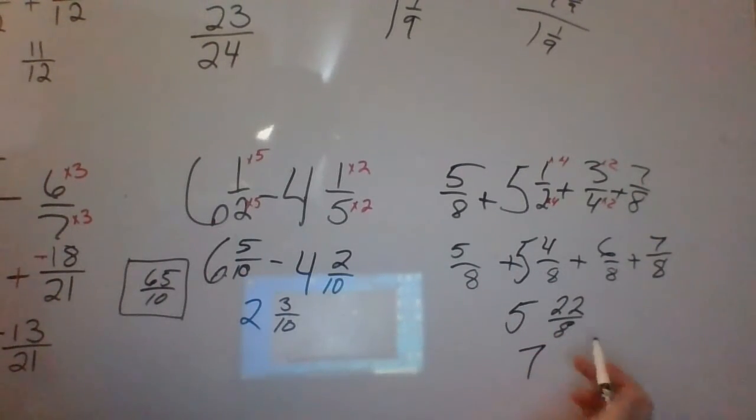So that would be 7, and we would have 6/8 left. We can reduce 6/8 by dividing by 2. So we divide 6 by 2 and 8 by 2, and we get our final answer, which is 7 3/4.